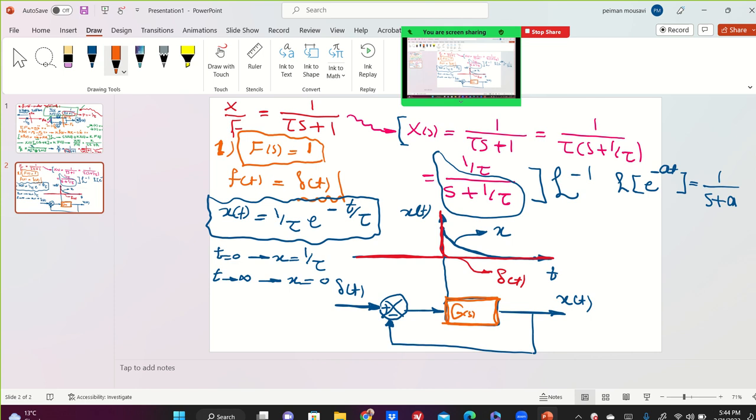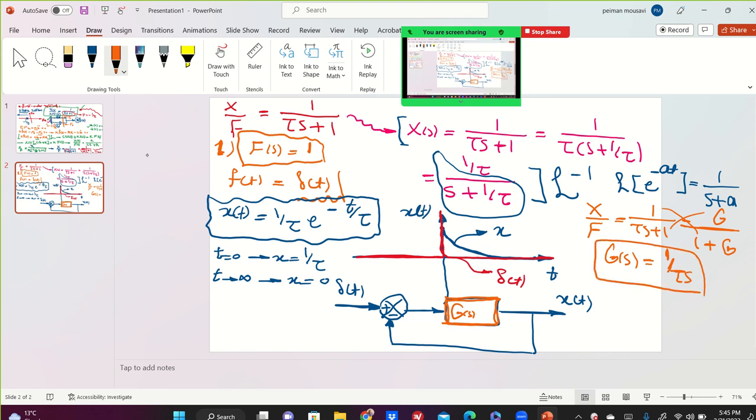So how do we find it? I told you several times. X over F, this is closed loop, is 1 over tau s plus 1. For finding the open loop with unity feedback, the closed loop is G over 1 plus G, right? So if you do this, you find G(s), the open loop transfer function for the general first order system, is 1 over tau s.